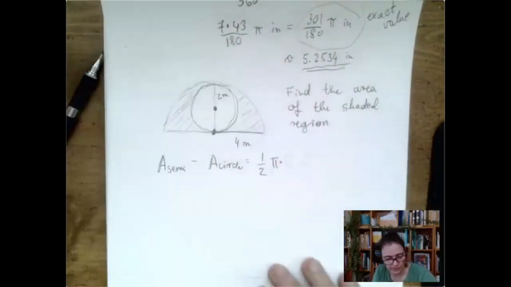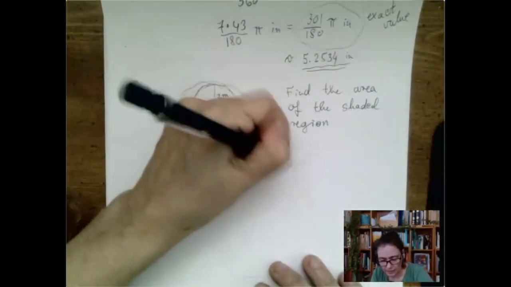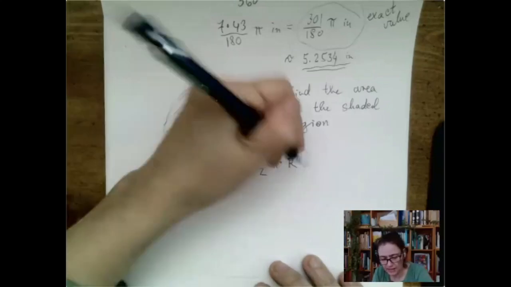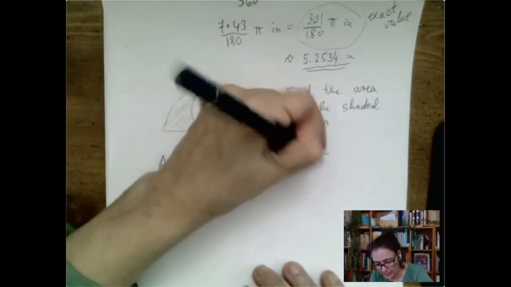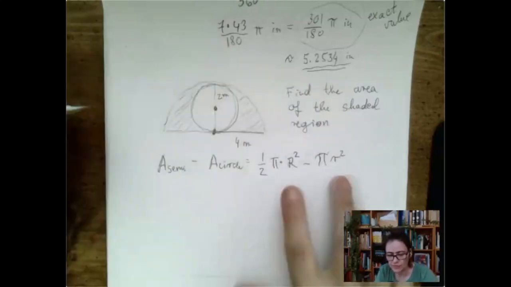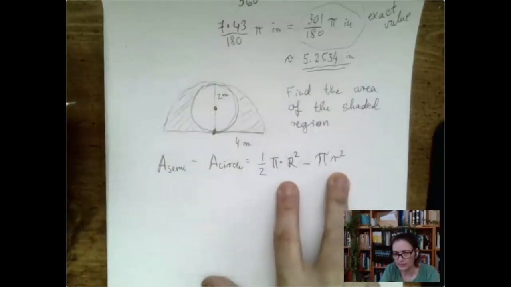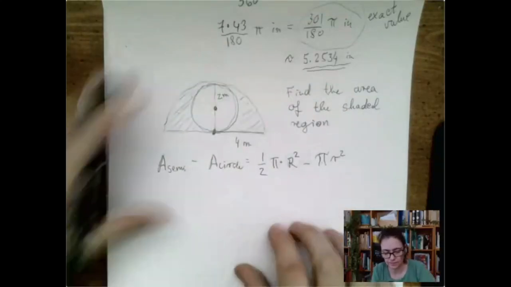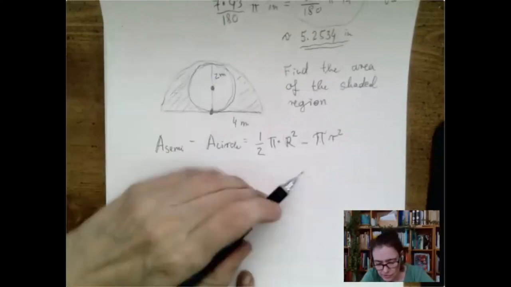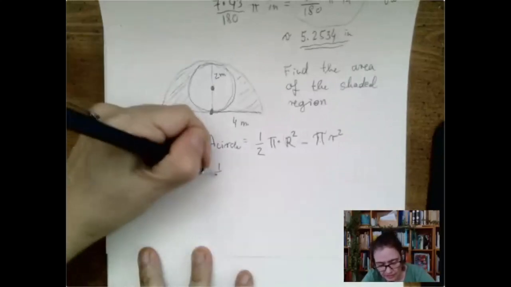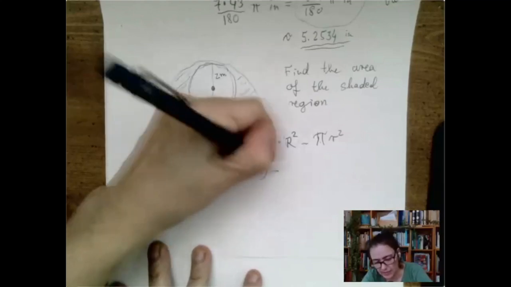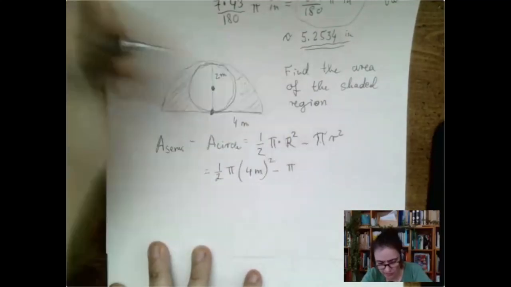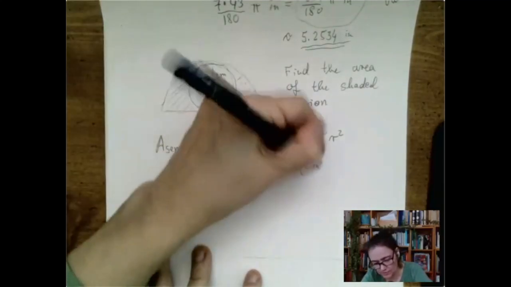Minus the full circle, pi times little r. You see, I'm using little r for the smaller circle and capital R for the larger. Just something I get used to. So that's 1/2 times pi times 4 meters squared minus pi times 2 meters squared.